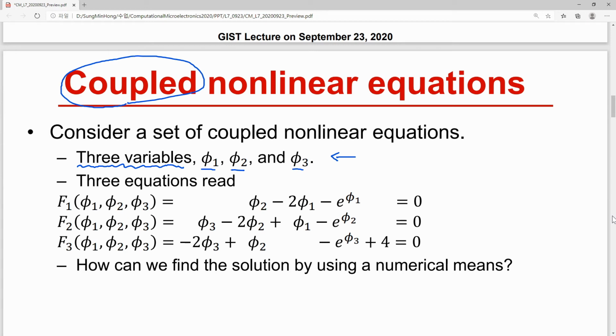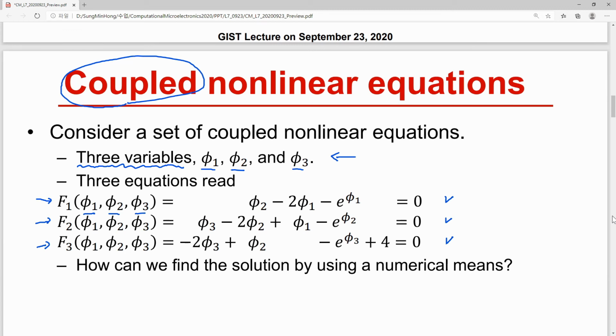So, in this case, you have evaluated your equation 1, 2, 3. A vector containing phi1, phi2, phi3 should satisfy this first equation and second equation and the last equation simultaneously.